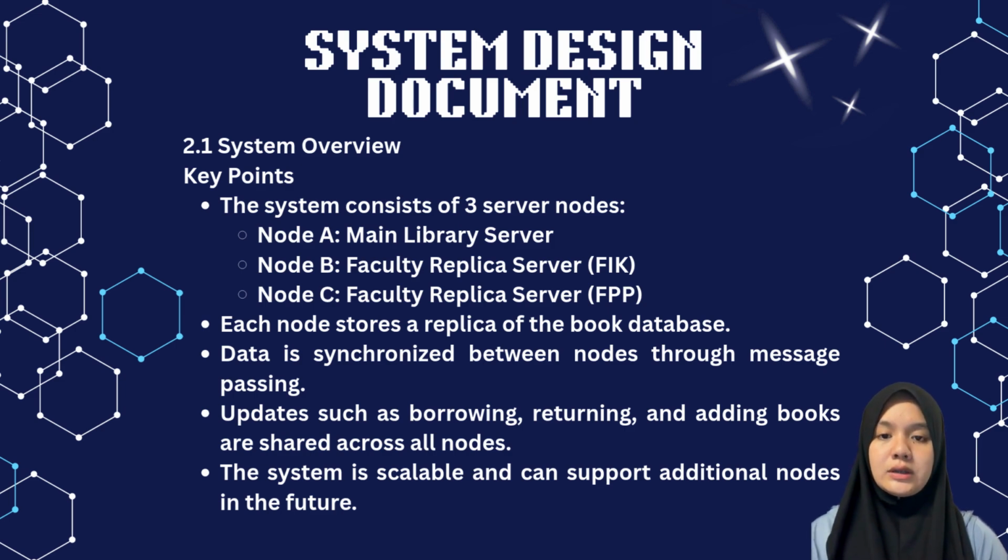Each node stores a copy of the same book database to improve availability and reliability. When there are updates such as borrowing, returning, or adding books, the information is shared between all nodes using message passing to keep the data consistent.